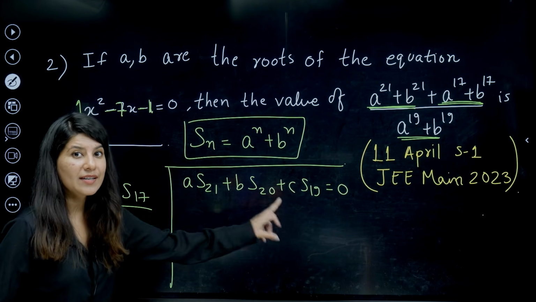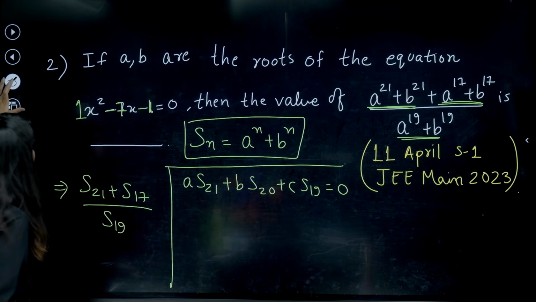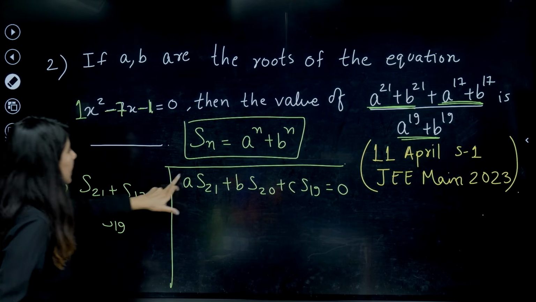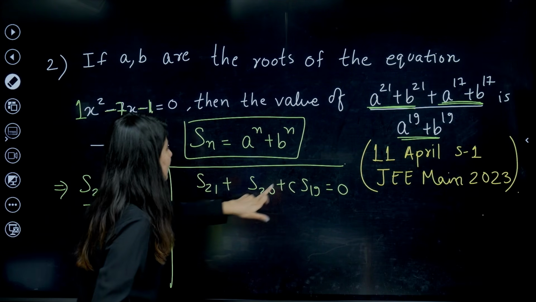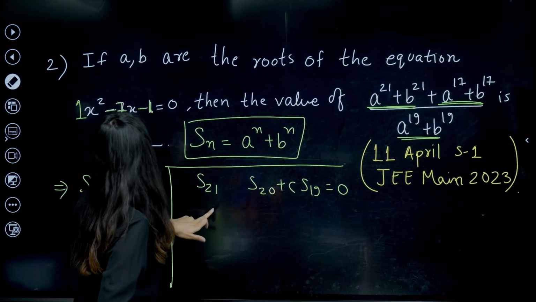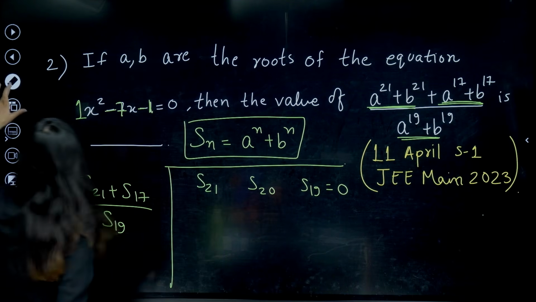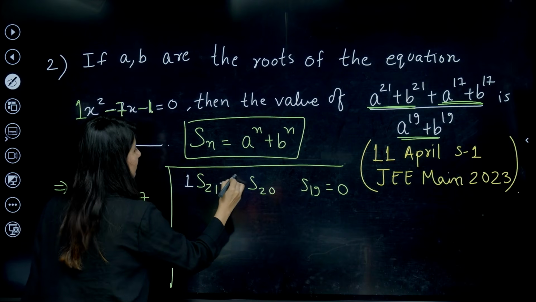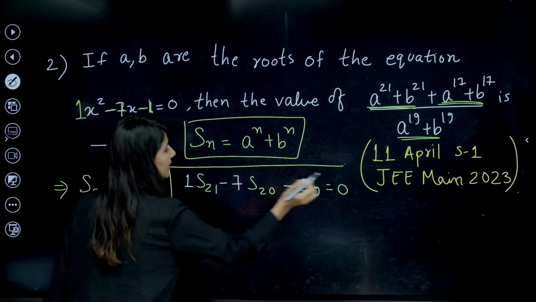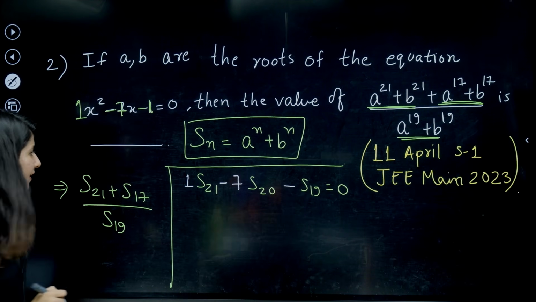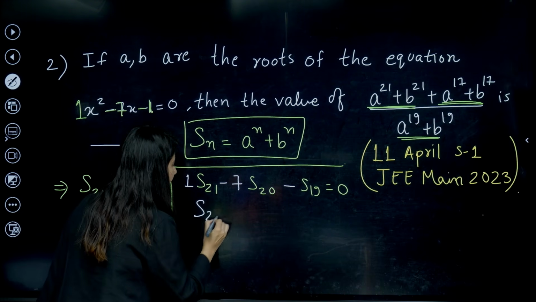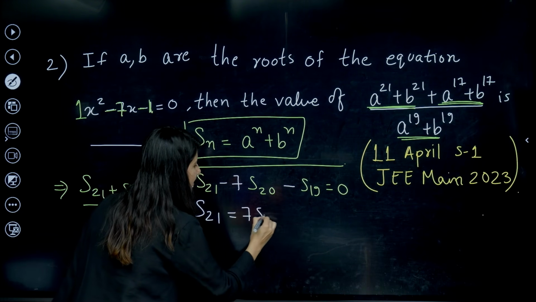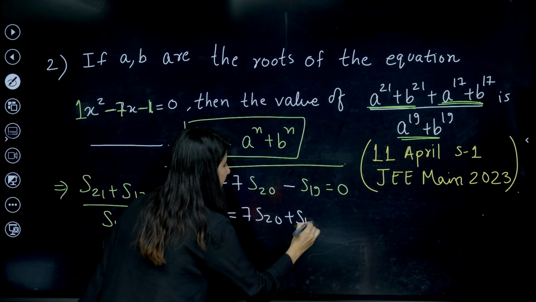Clearly A is 1, B is minus 7, and C is minus 1. So we have S21 minus 7 S20 minus S19 equal to 0. So S21 clearly is nothing but 7S20 plus S19.